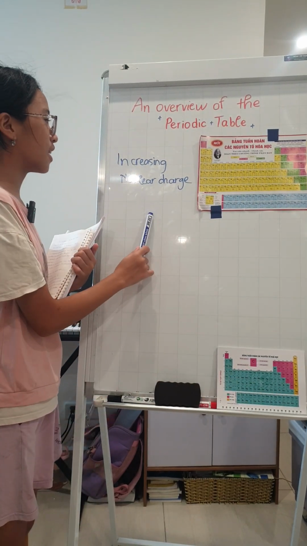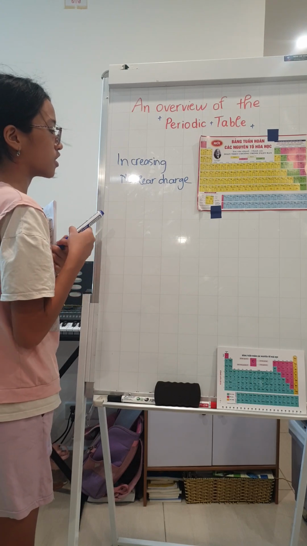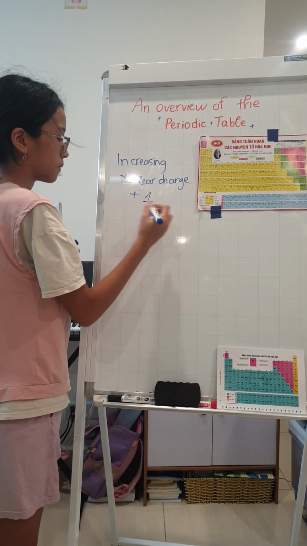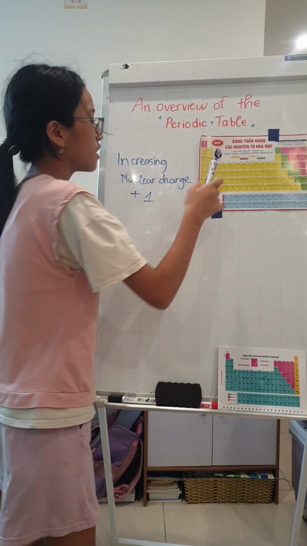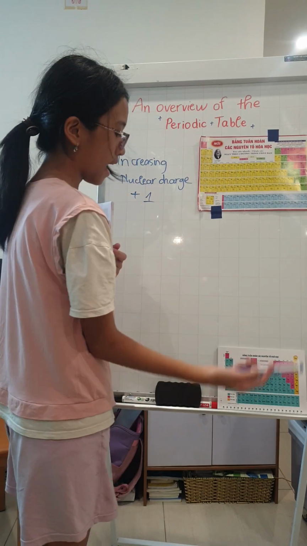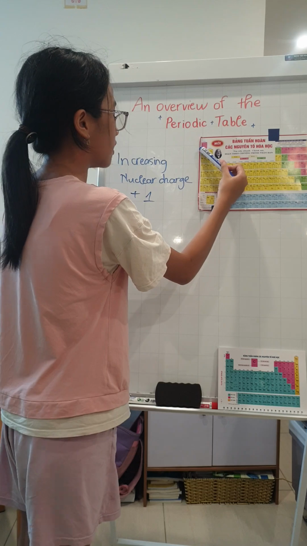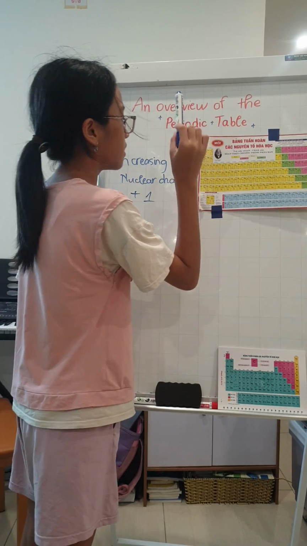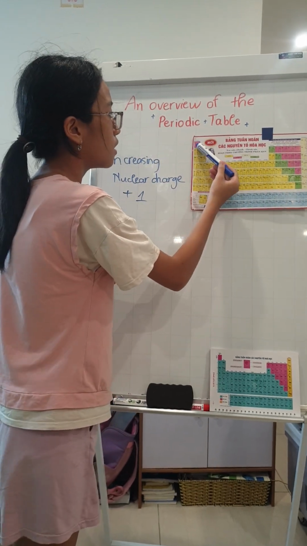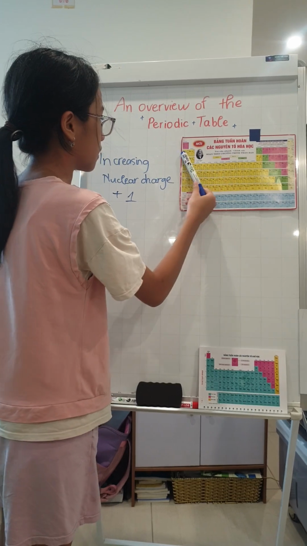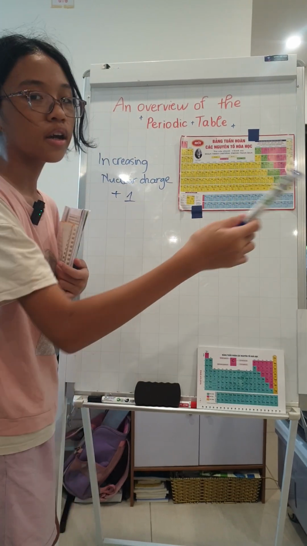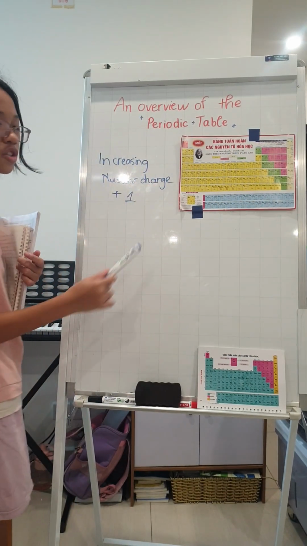They are arranged in the order of increasing nuclear charge. They increase by 1. You see here, we have hydrogen. Its atomic number is 1, and it increases. Helium is 2, lithium is 3, beryllium is 4. And it goes on and on by increasing nuclear charge.